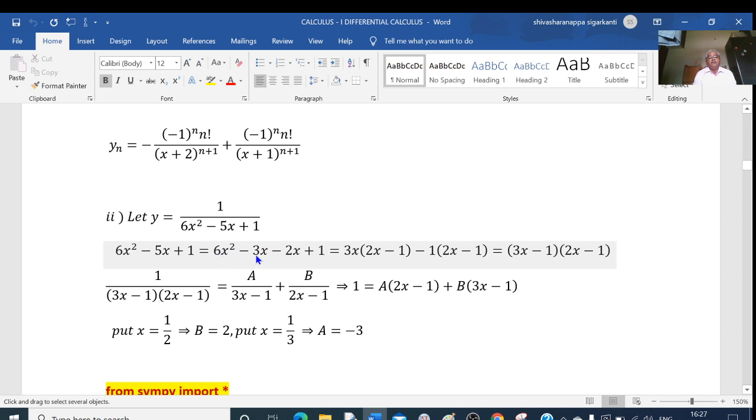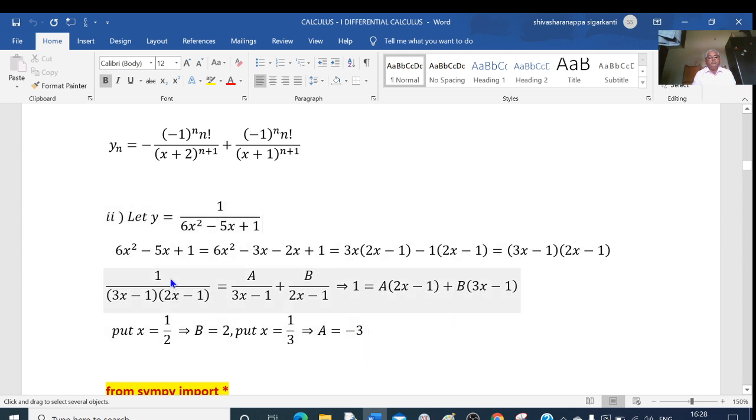In these two terms, taking 3x common factor, I am getting 3x into 2x minus 1. 3x common factor, 2x remains here, 1 remains here. In these two terms, I will take minus 1 common factor. Then this becomes 2x minus 1. So that is again 2x minus 1 into 3x minus 1. Or we write 3x minus 1 into 2x minus 1.